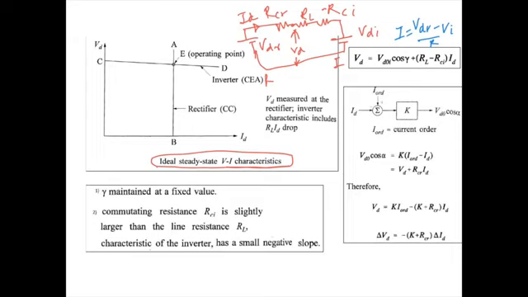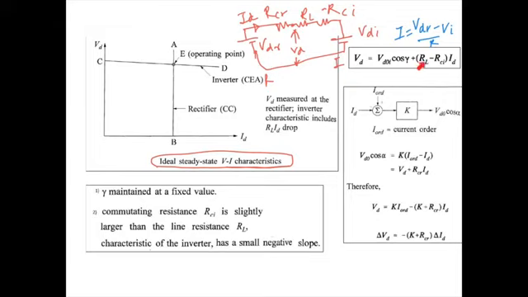In this case, gamma represents the extinction angle, and generally it is fixed to a certain value which will ensure the commutation of the outgoing SCR. This entire expression represents the equation of a straight line having a certain y-intercept.